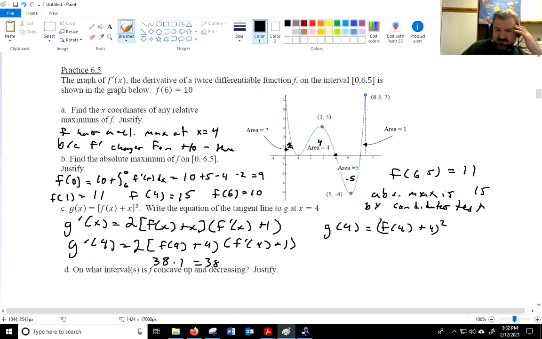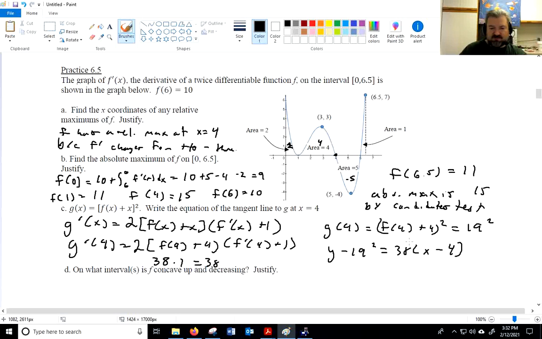Remember, f of 4 was 15, so we have 15 plus 4 is 19. 19 squared, you could probably just leave it as 19 squared. But it is 361, I believe. But I'm just going to leave it like that. So the equation of my tangent line is y minus the y coordinate equals the slope times x minus the x coordinate. That is the equation of the tangent line.